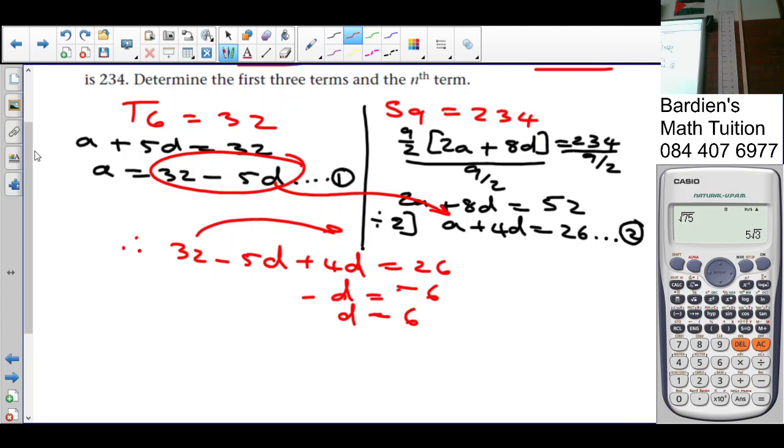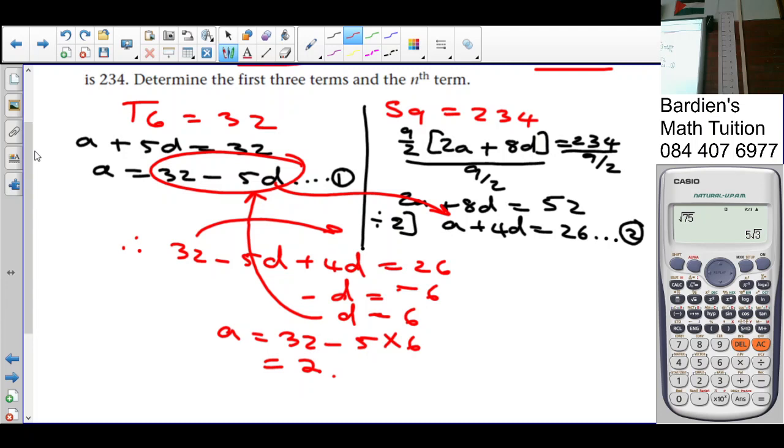So now, to get A, I'm going to substitute that into that equation. Equation 1. Why into equation 1? Because we already have A as the subject of the formula. So A is equal to 32 minus 5 times 6. What is 5 times 6? 30. It gives you an A value of 2.